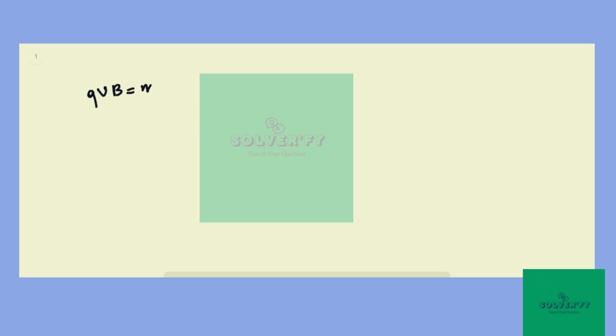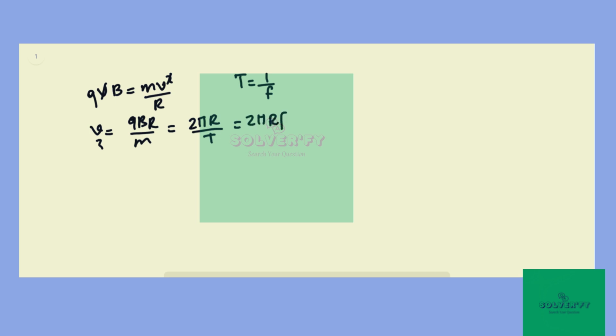qvB is going to be equal to mv squared over r. Canceling out v's from each side, we're going to have the speed be qBr over mass. Also, for circular motion, the speed is 2 pi r over the period. Period is 1 over f, so then we have 2 pi r f.